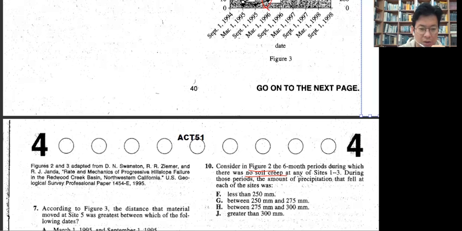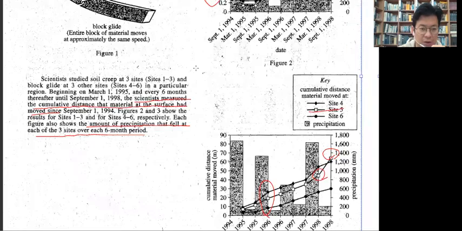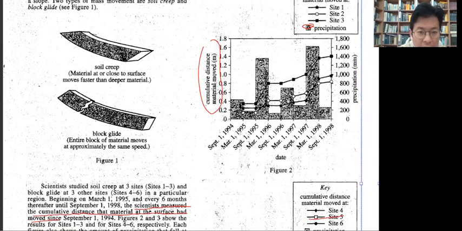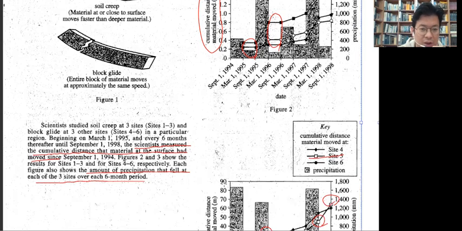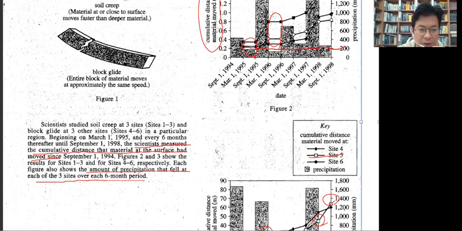Then it says no soil creep, which means it doesn't move at all. The case of this one, right? It's flat. So then we see that precipitation is lower than 200. So this is precipitation, right? It's lower than 200.